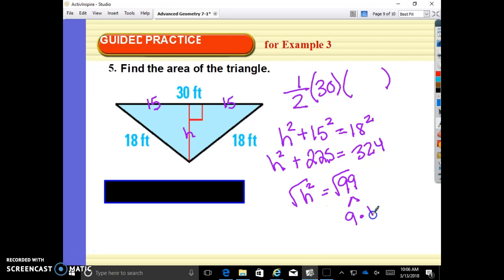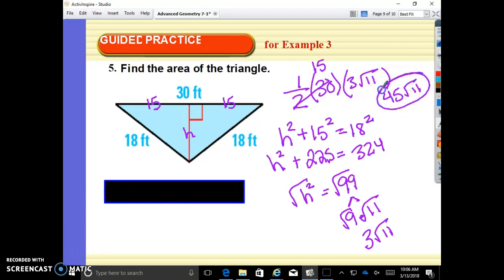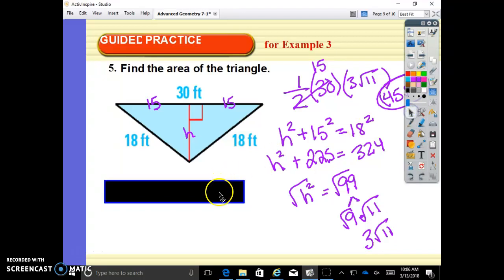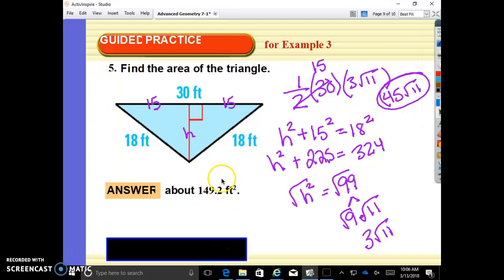And that's 9 times 11, or 3 rad 11, right? Half of 30, 15. 15 times 3, 45. So our answer is 45 rad 11 feet squared, which is approximately 149.2 feet squared.